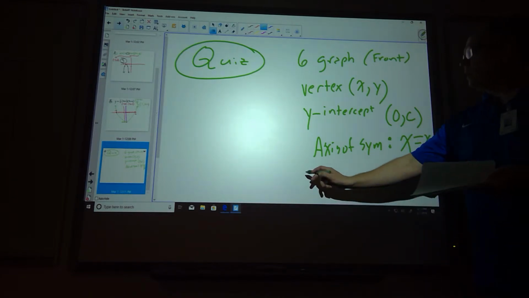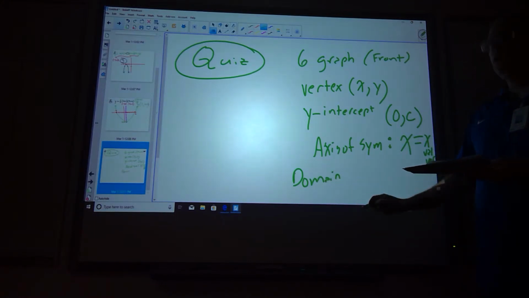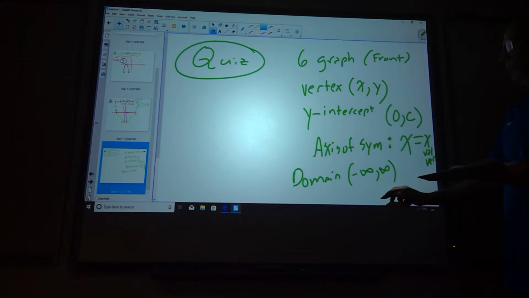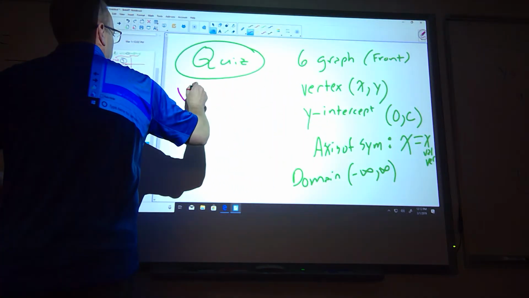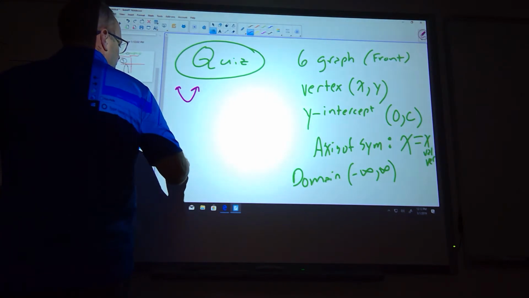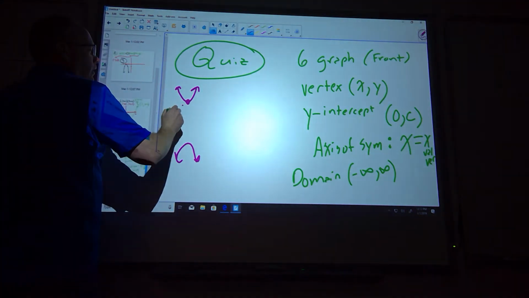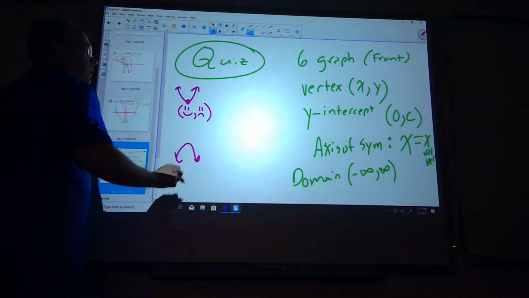And then the domain, all day long, the domain on every one of these is what? Negative to positive infinity. So please don't miss the domain. Then the range. So I'm going to do 2 examples. Let's say this is smiley face, comma, frowny face.